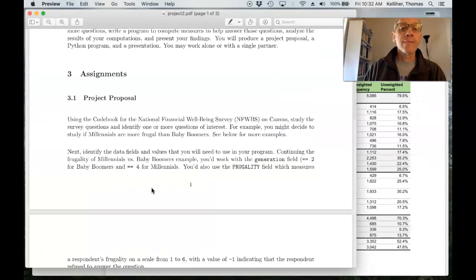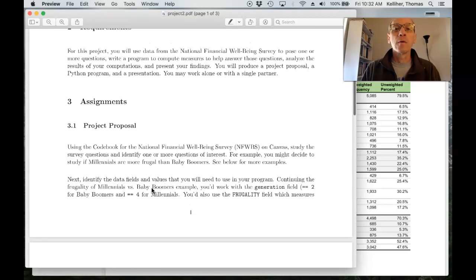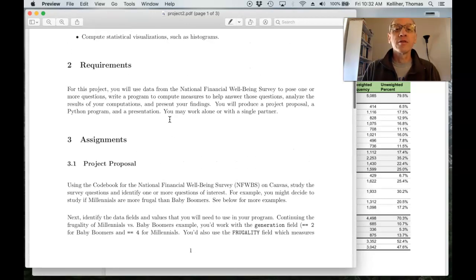Let's go back to the project proposal. Again, at this stage, the only thing you're responsible for is the project proposal. And let me mention this, you may work alone or with a single partner.